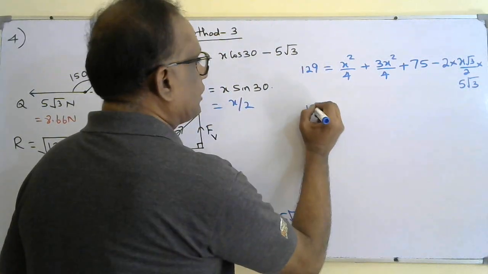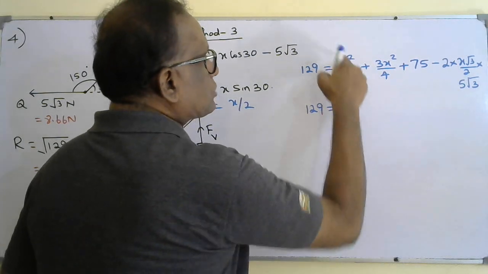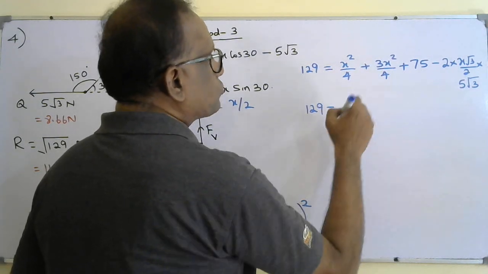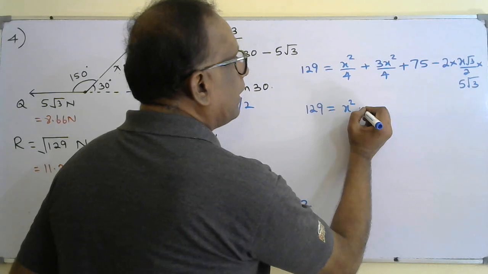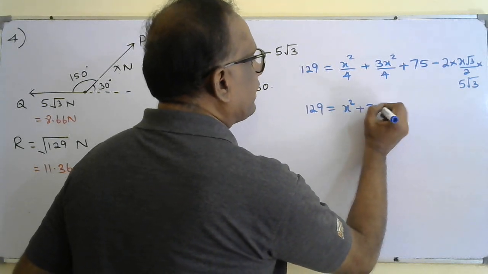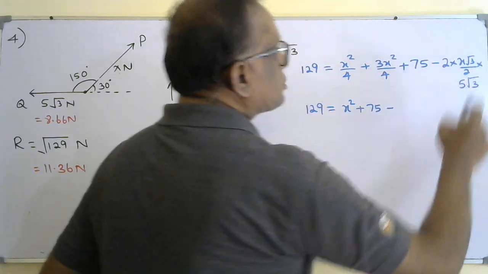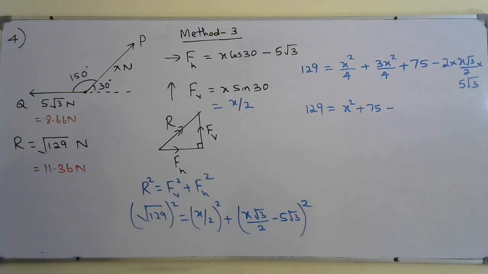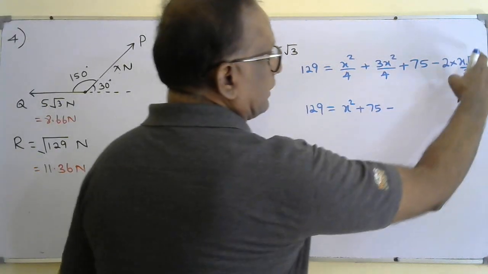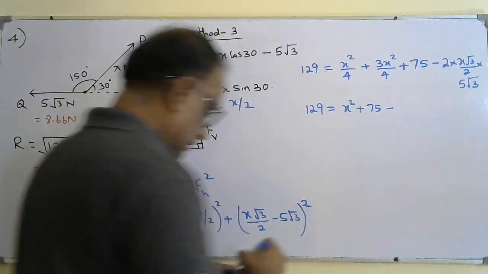So you will get 129 equal to x squared by 4 plus 3x squared by 4, that is x squared, plus 75, minus, here the 2 and 2 will get cancelled. It's going to be root 3 into root 3, 3, and 3 into 5, 15.